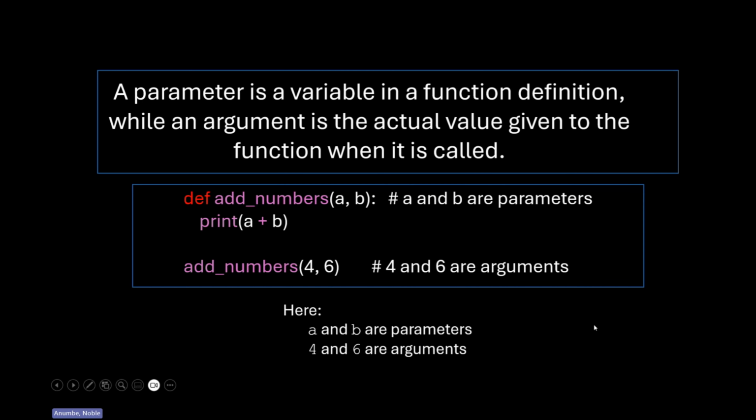And then I can do any numbers. I can say 4 billion plus 6,000, and it will do the operation without blinking an eye. So in this particular case, A and B are parameters, 4 and 6 are arguments. Essentially, you map your arguments to your parameters, and that's how you get your results.